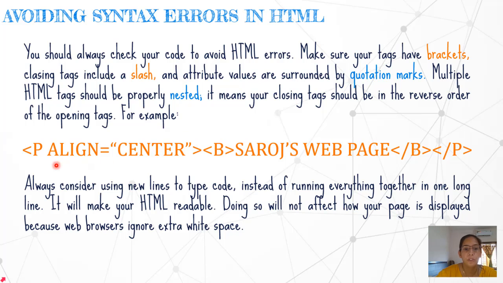So when we are using multiple tags together, make sure that they are closed in a proper sequence. At the end, the B tag will close first, and then P will be closed, in the opposite sequence.